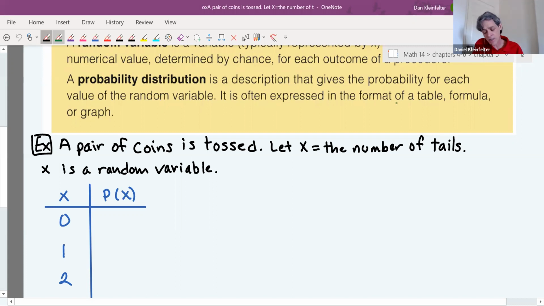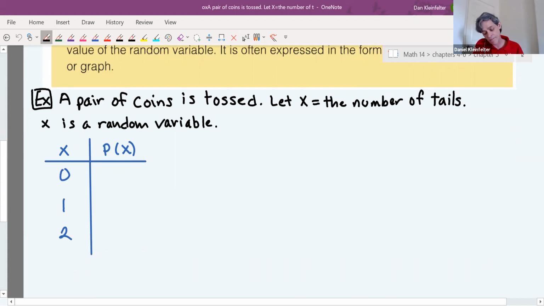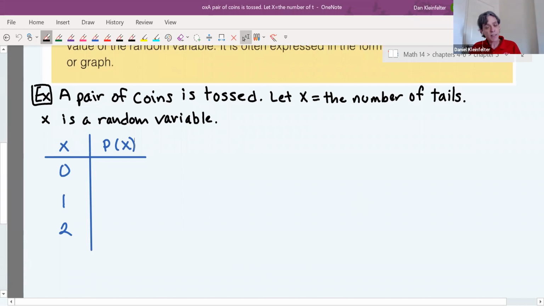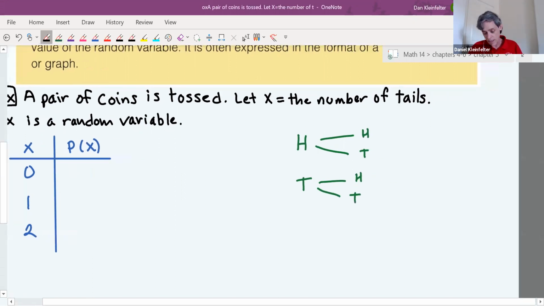It's often expressed using a table, formula, or a graph. So to see an example, let's go back to our set of 2 coins and think about what's possible. We have 2 coins. The first coin could come out either heads or tails. And then we're assuming that these are independent, right? So for the second coin, the outcomes are either heads or tails, independent of how the first coin comes out.